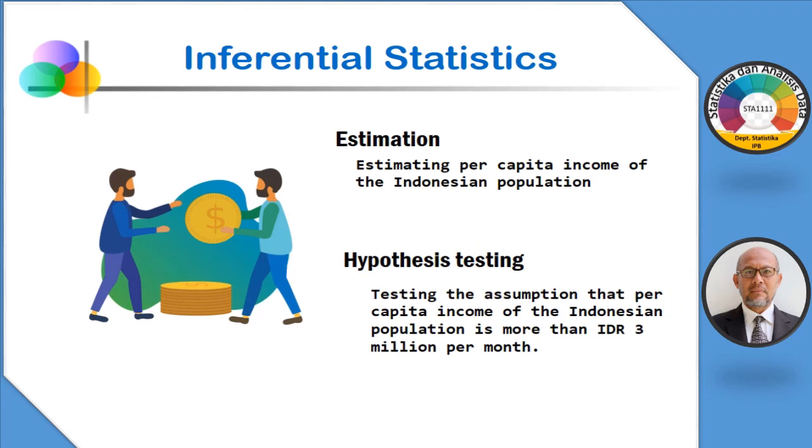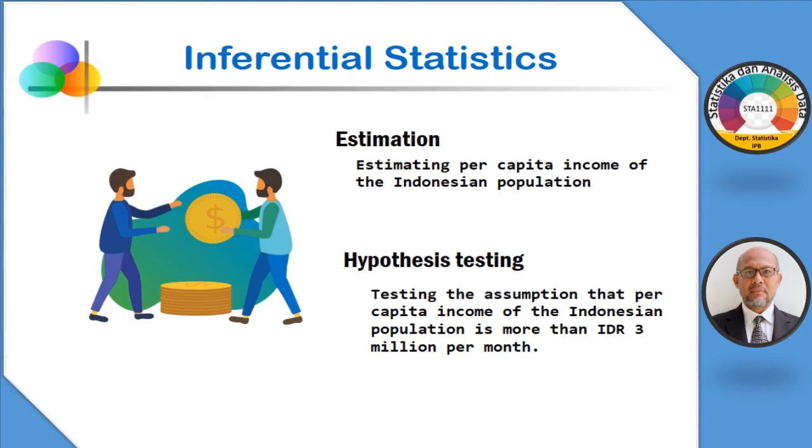Inferential statistics includes two main things, namely estimation and hypothesis testing. Estimation, for example, estimation of per capita income of the Indonesian population. Why do we estimate the parameter? Because we don't have the data for the whole Indonesian population.